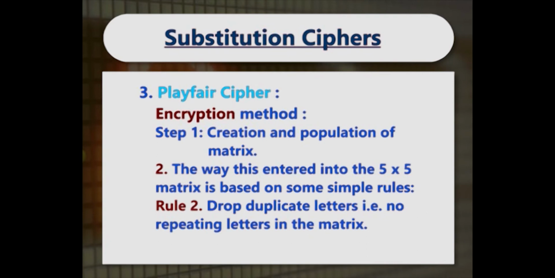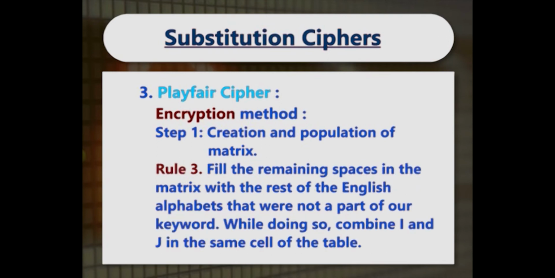The second rule is to drop duplicate letters, that is, no repeating letters in the matrix. Rule 3 is to fill the remaining spaces in the matrix with the rest of the English alphabet that were not part of our keyword. While doing so, combine I and J in the same cell of the table.